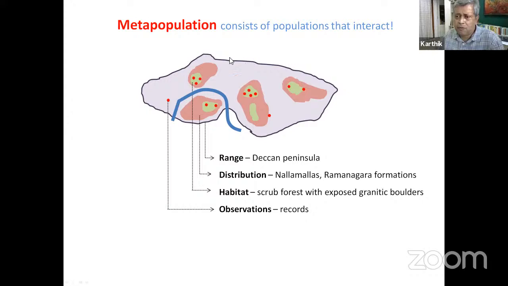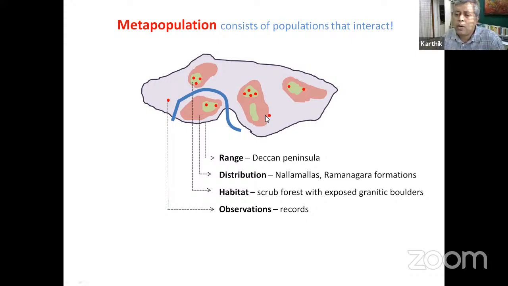It is not found everywhere. It is found in some areas in patches. Within them are the habitats, and within them are the observations. Now, some of the observations are also outside, which I also mentioned in my previous slides.